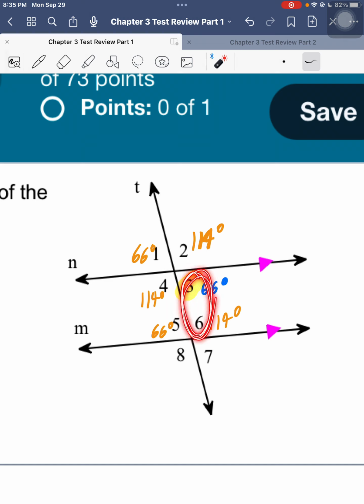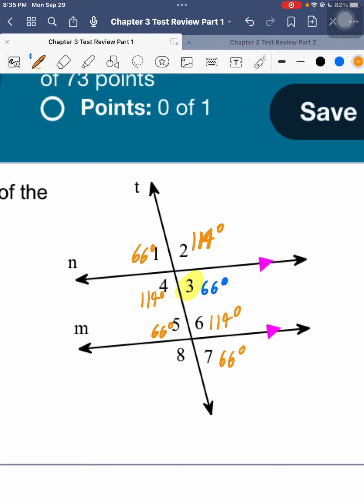Now what about 6? 6 is 114. Why? Because of angle 3 and the same side interior angles converse. What is 7? 7 is 66 because of 3 and the corresponding angles converse.